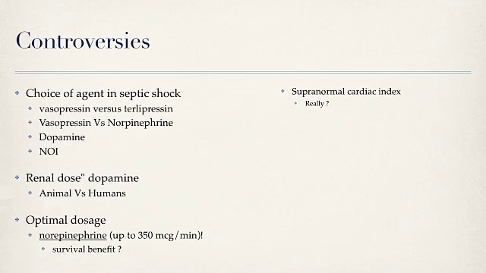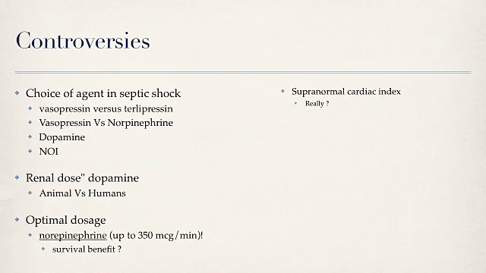In the 80s and 90s, supranormal cardiac index was explored to improve mortality from shock, and here we doubled the cardiac output. We got a cardiac index of 3.5 to 4. We pushed patients to the limit, and most of the studies done subsequently disputed the value of supranormal cardiac index.